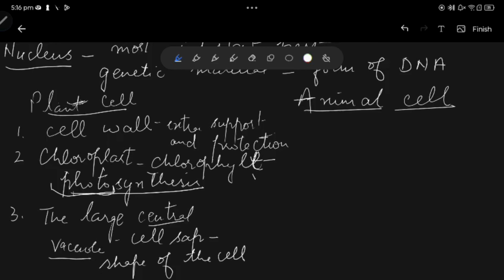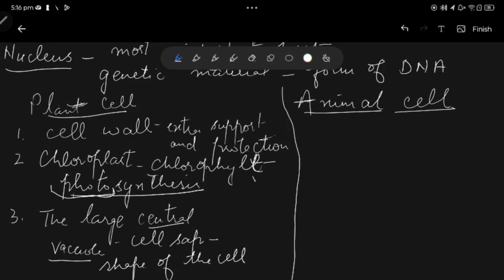In an animal cell, we will see that animal cells have a cell membrane only. Cell wall is absent here. Animal cells do not have a cell wall.